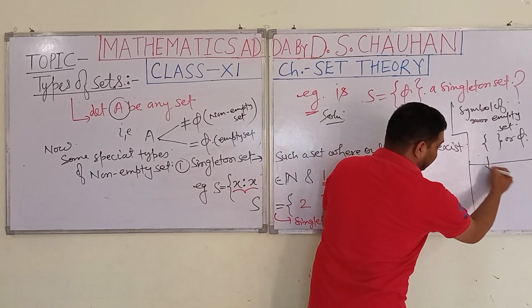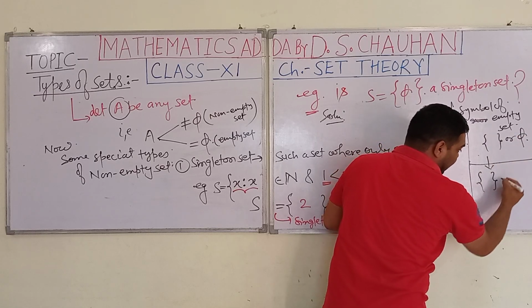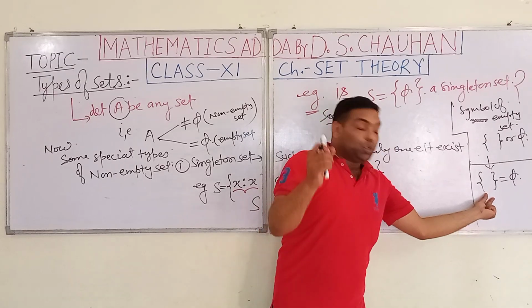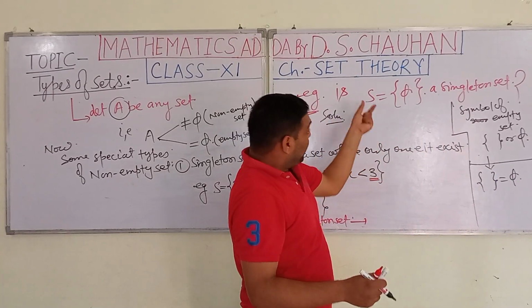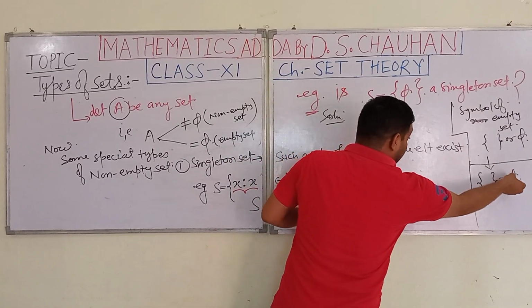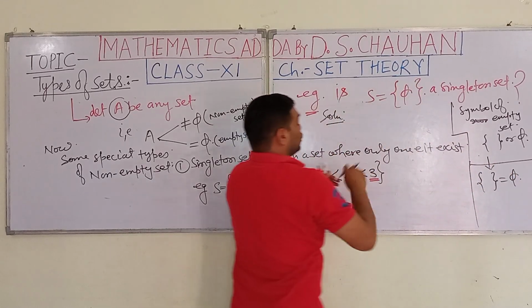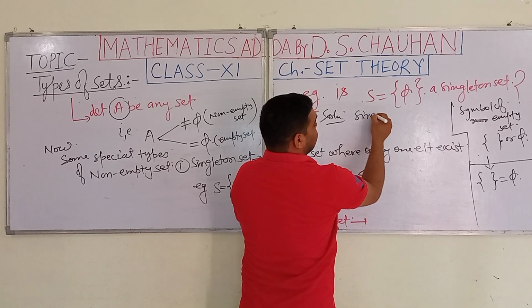Either this vacant set, or this phi. This is the symbol of the empty set. So here, students, we can understand that this and this are the same, both representing the empty set.